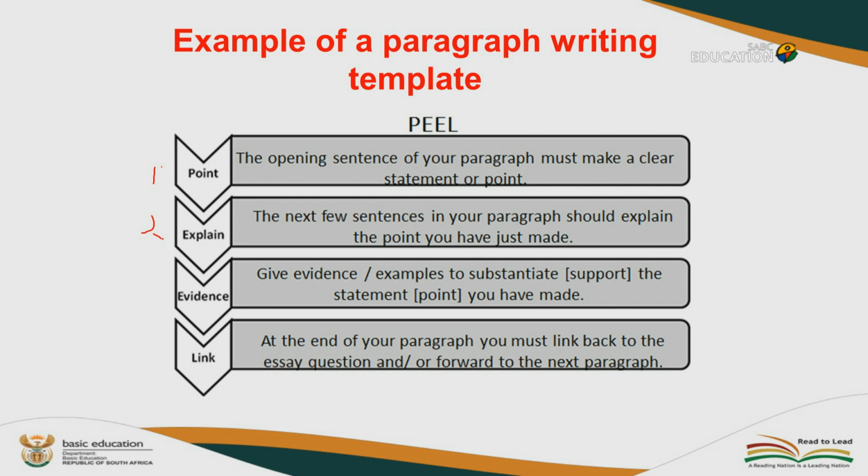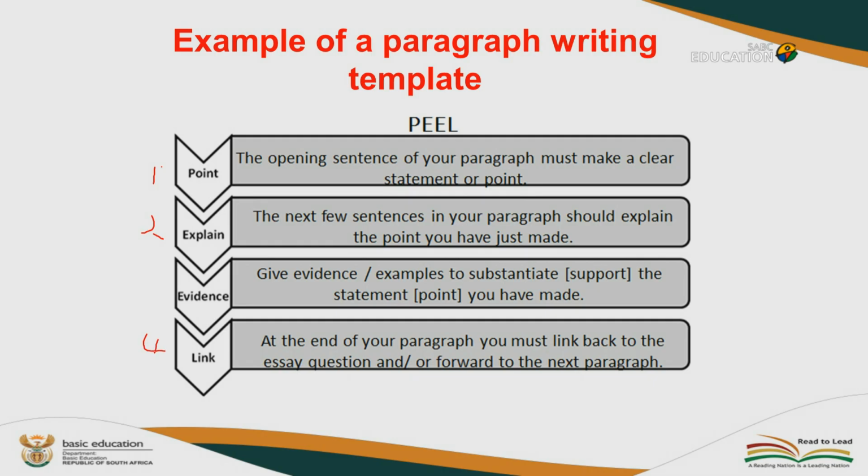Remember what I said about history? If there is no proper evidence to argue, your essay will be meaningless. You need to have evidence, or in a form of examples that you must give, which is the base of your argument. Then, lastly, you have to link, which is the fourth part in the PEEL structure.